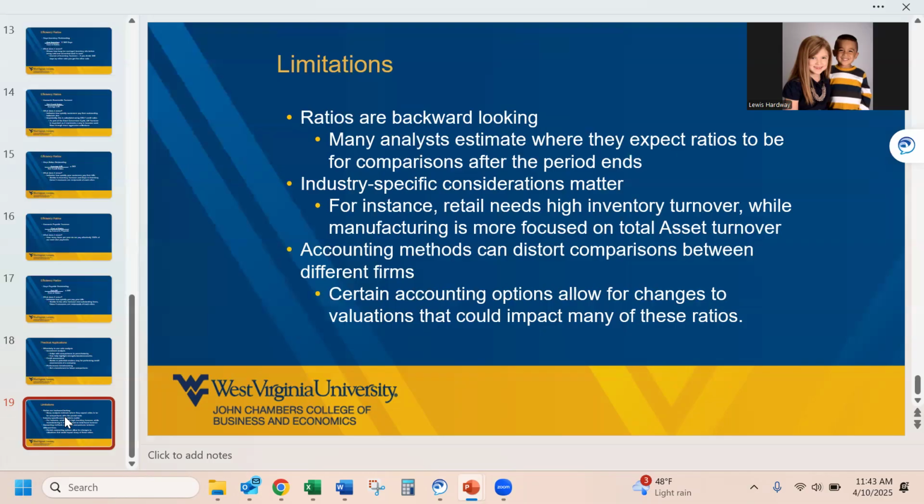You have to look, oftentimes very specifically, at the industries that you're looking at. In the examples I used here, retail chains expect high quantities of turnover with their inventory. They're expecting to constantly be selling stuff because that's their business, so they want to turn things over more quickly.